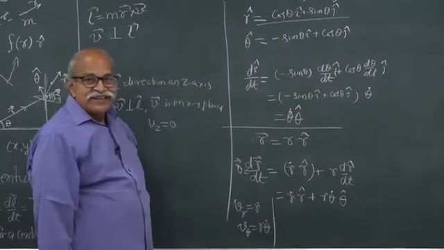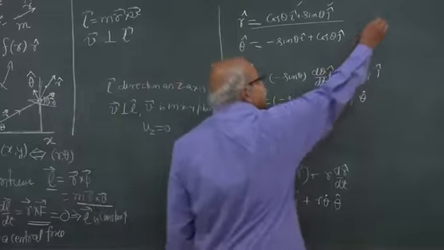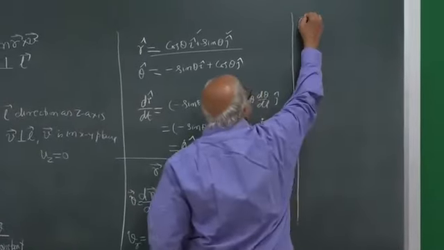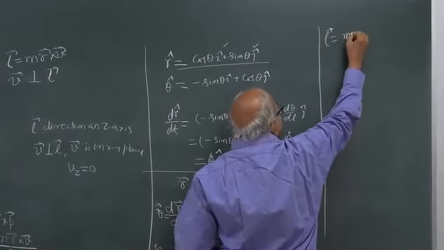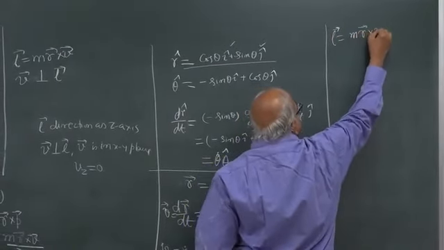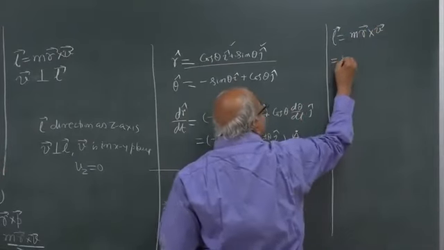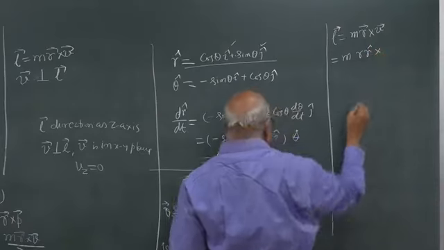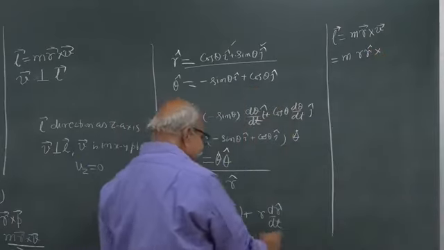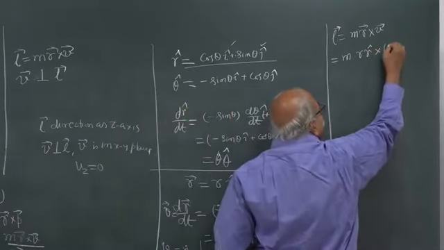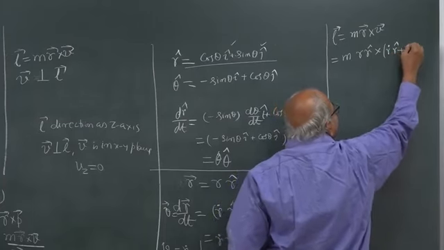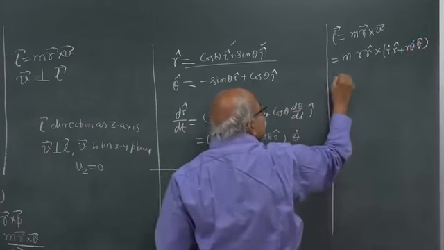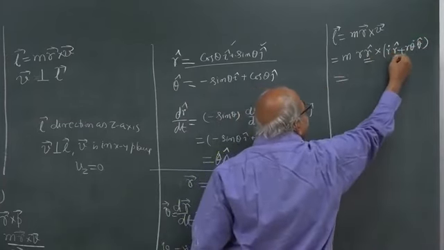You can write it like this, and you can write an expression for this L, which is m times r vector cross v vector, and r vector is r r cap, and then cross v vector, which is r dot r cap plus r theta dot theta cap. r cap cross r cap is 0.